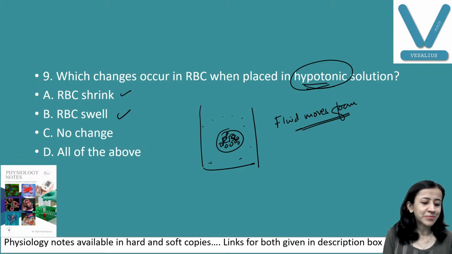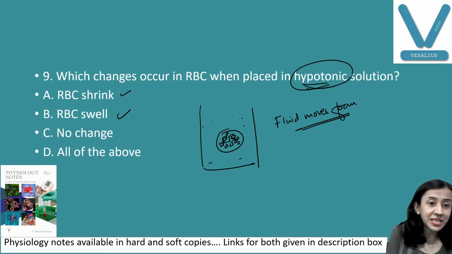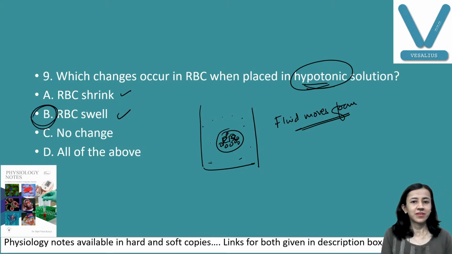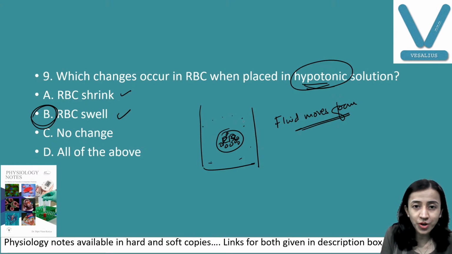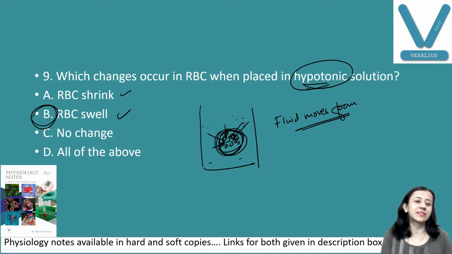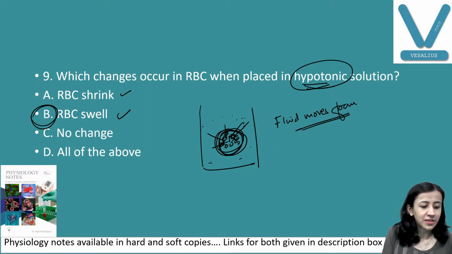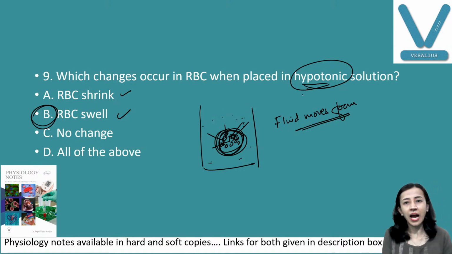No, it is not correct, beta. Kishan, it is wrong. That is RBC is this swell. A, B is the option, not A. Here fluid moves from hypotonic osmosis inside. So RBC is this swell. Okay. Here you can see. No, beta. Option is B. B is the option.